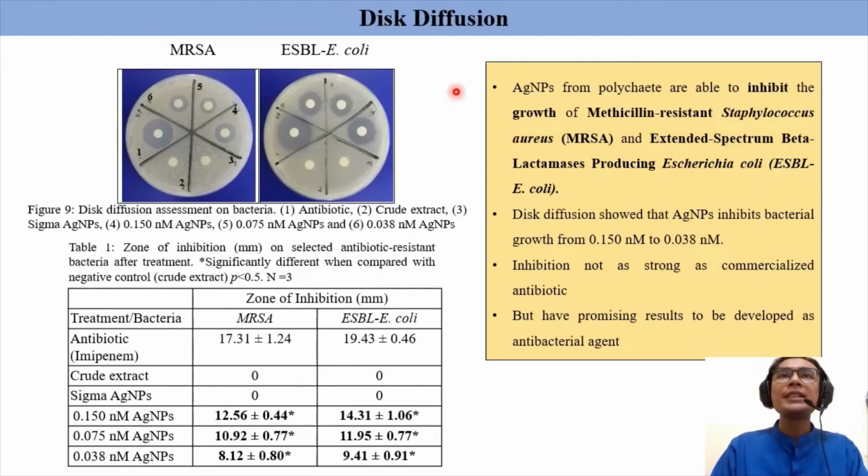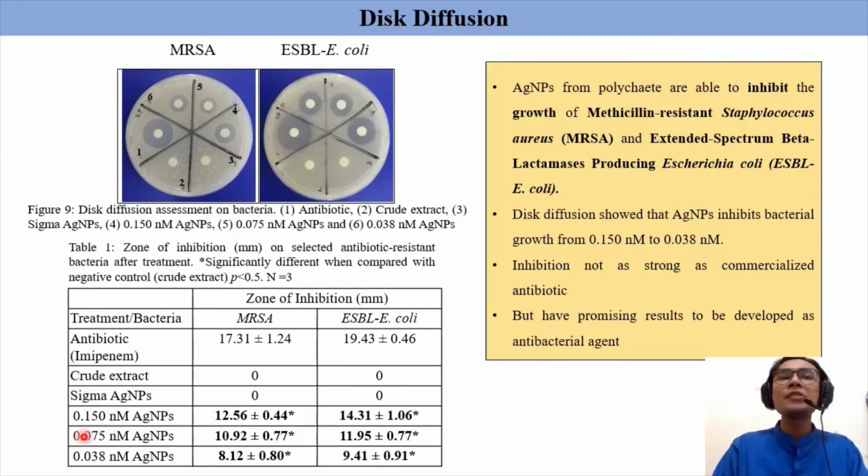And for the diffusion assay, we used two antibiotic-resistant bacteria, which are methicillin-resistant Staphylococcus aureus and extended-spectrum beta-lactamase producing E. coli. Based on the diffusion analysis, we found out that the biosynthesized silver nanoparticles are able to inhibit bacterial growth from 0.5 nanomolar to 0.038 nanomolar.